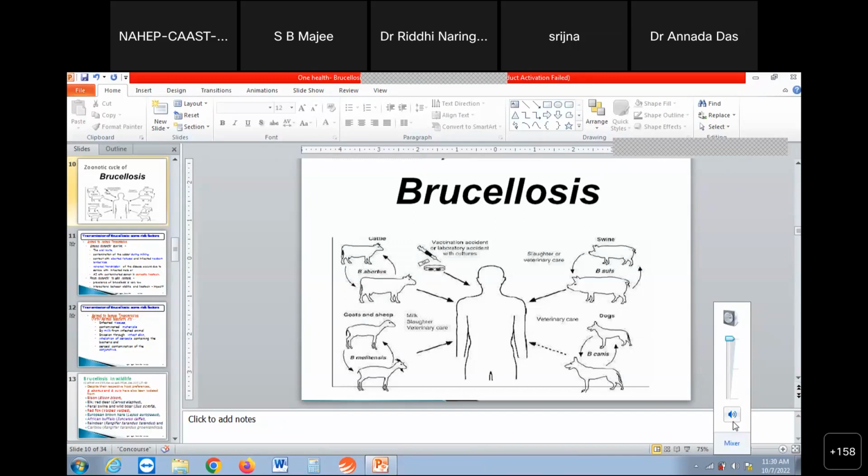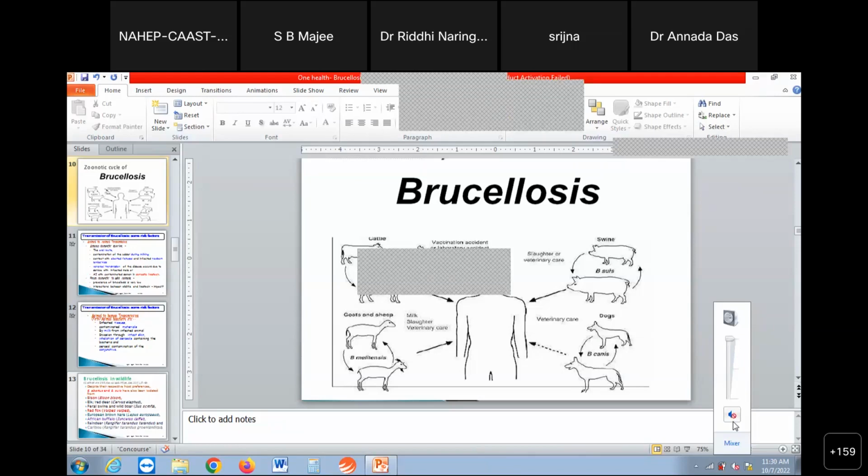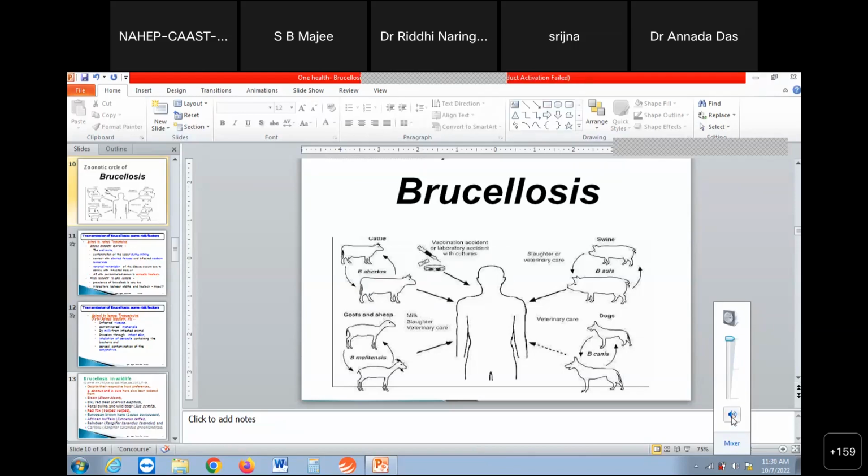So today's topic, in the One Health program, I should say the difficulties encountered by veterinarians and public health specialists, is just this slide. This slide speaks volumes about how these niches are present and what best can be done to remove them.